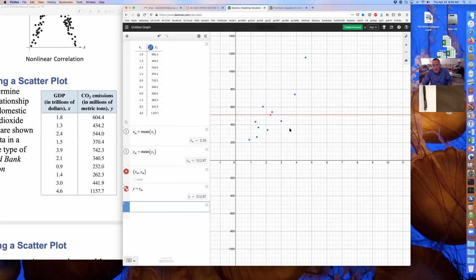So I would say that for some of the smaller x values, we have values that are below the average. And for some of the larger x values, we have values that are more than the average. And it looks to me like there might be a line sort of going through the data, something like this. So this line represents the average of the y's, the average of the CO2 emissions.